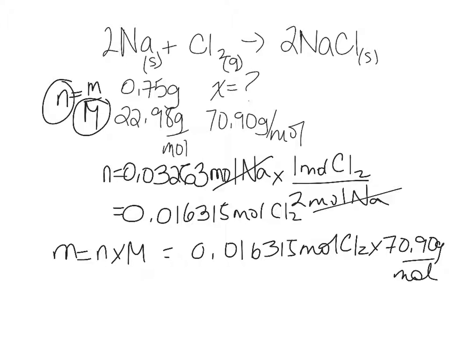So this will give us our grams of chlorine if it was just a straight-up reaction. However, the question asks for 10% excess. So you're going to multiply your answer by 1.1, because that's 100% plus the 10%.